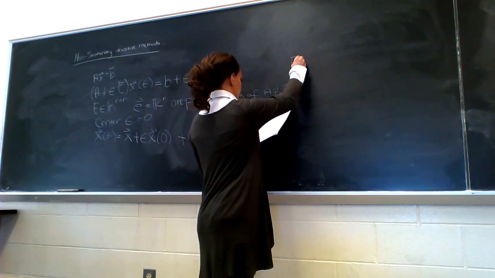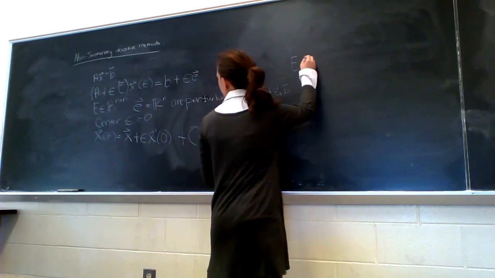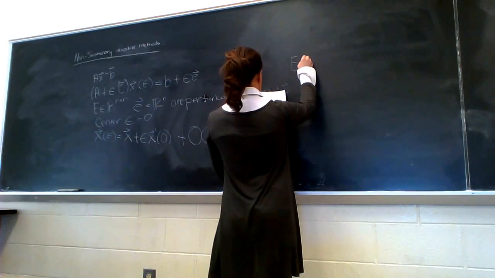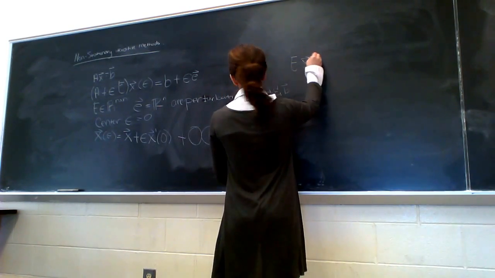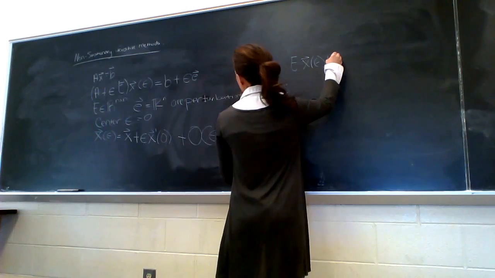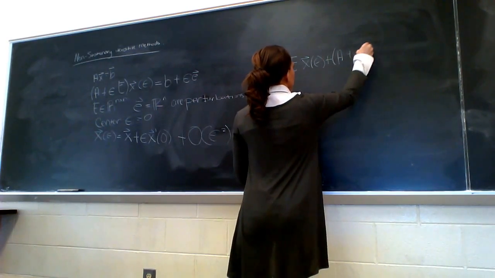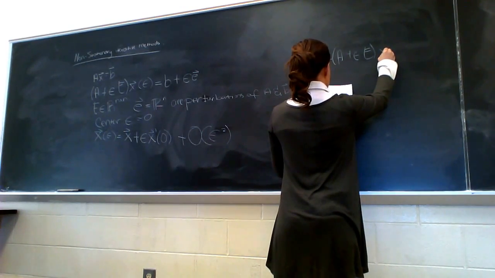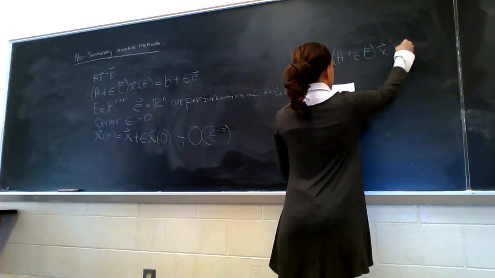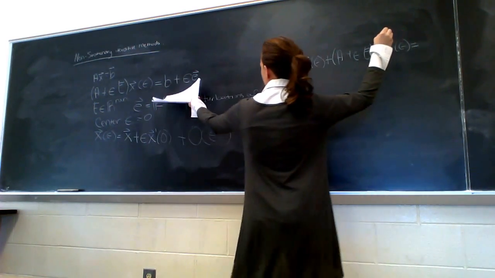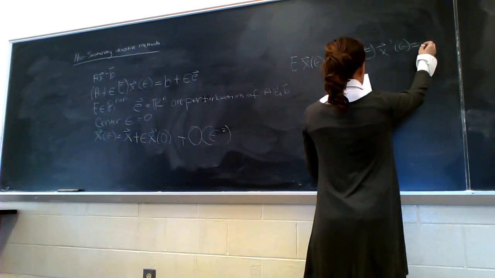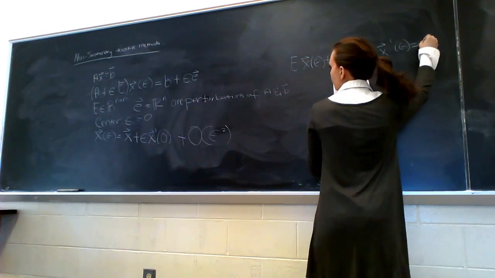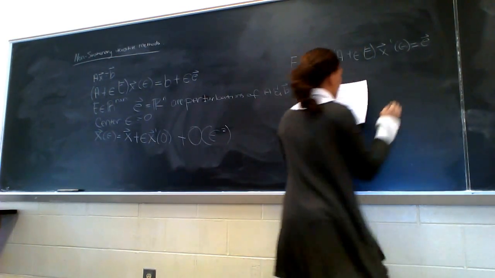We would get E times x of epsilon plus A plus epsilon E times x prime of epsilon, equal to e.